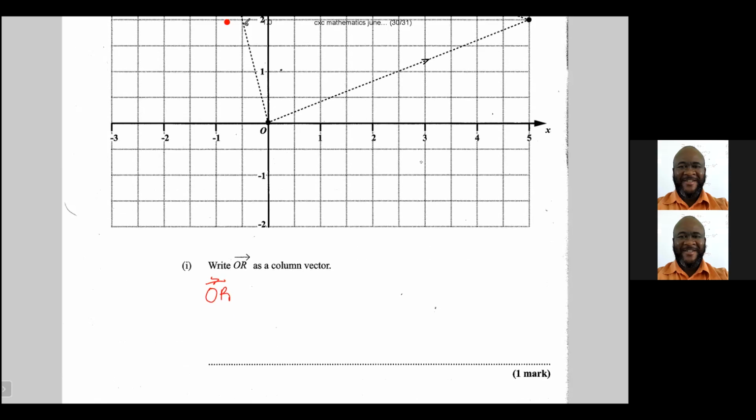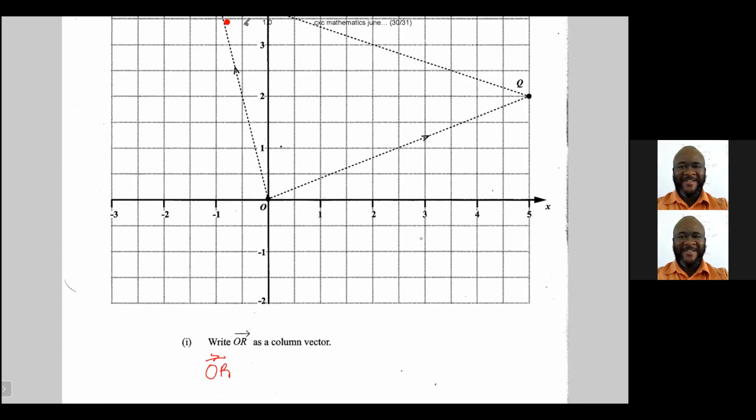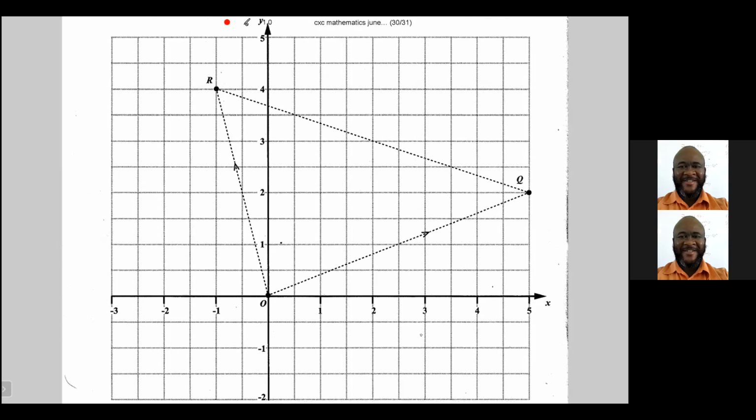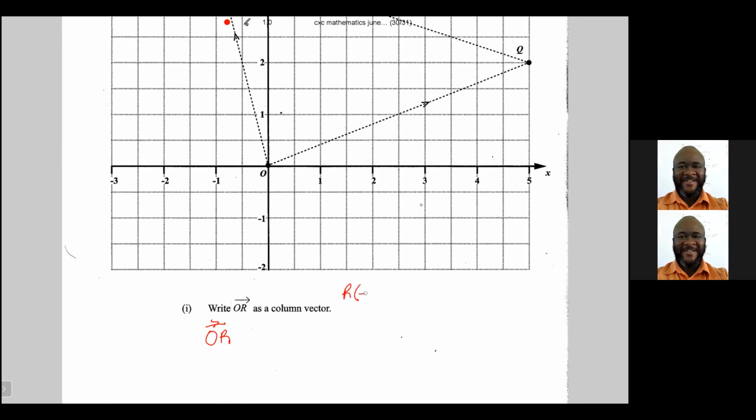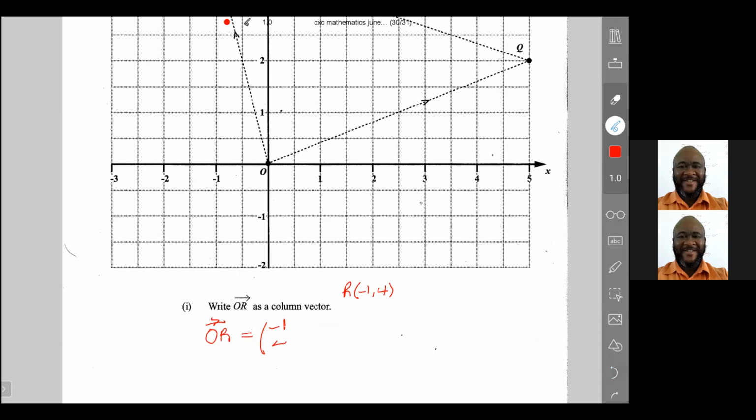The position vector and the coordinates have the same value. So R is the point minus 1, 4, so the position vector OR is -1, 4.